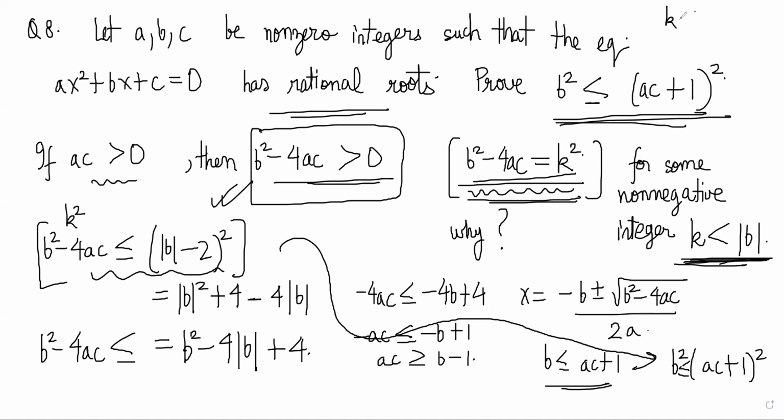If K is less than mod B, then K will be at least less than equal to mod B minus 1. So mod B minus 2.